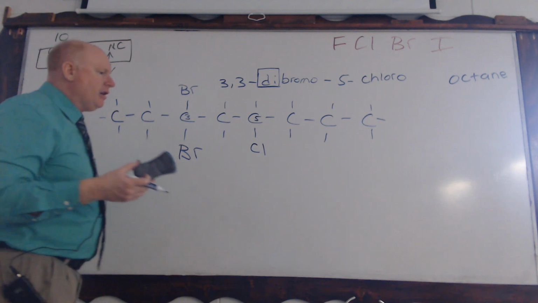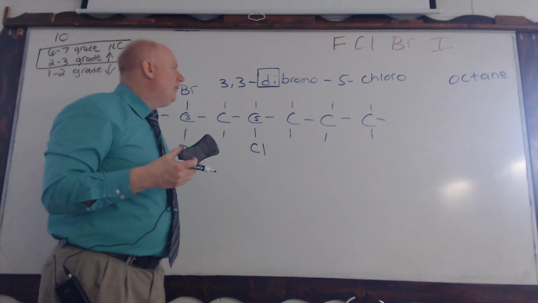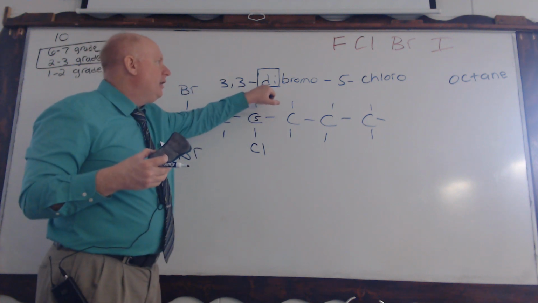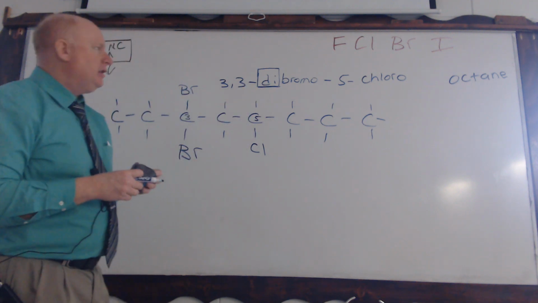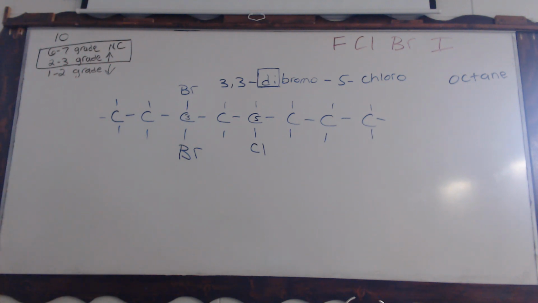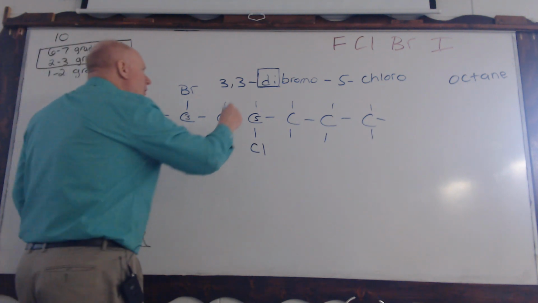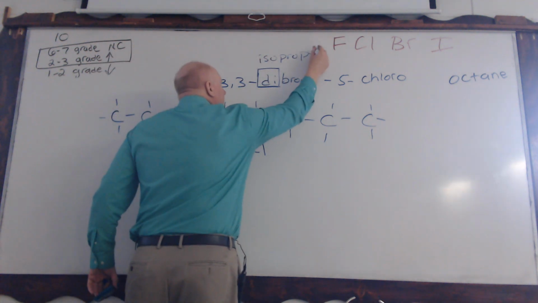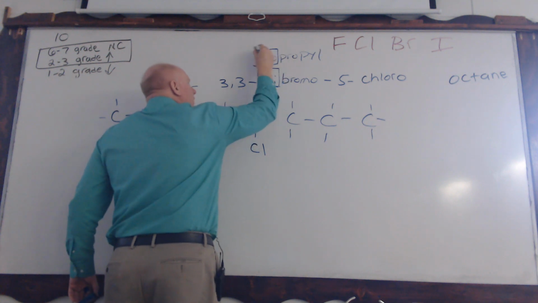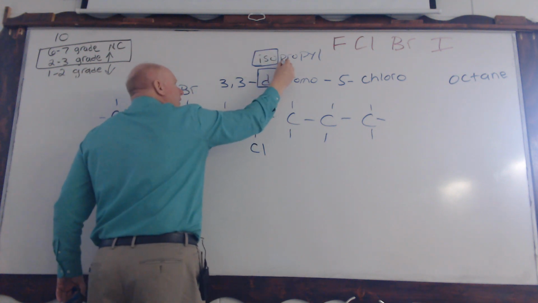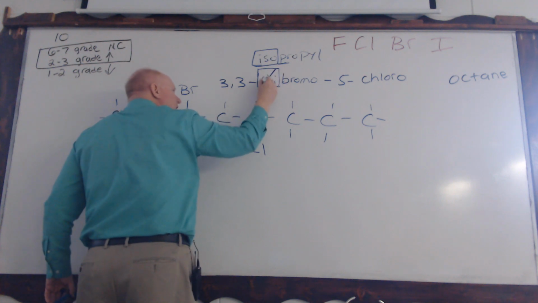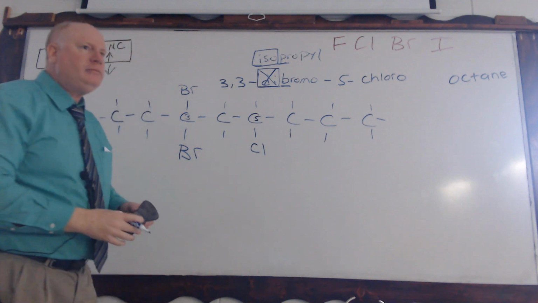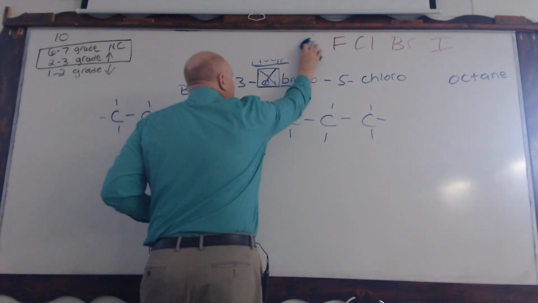IUPAC, when you're naming these, applied the rules and said years ago that you disregard prefixes except for something like that. This is a prefix that you use the letter I, not the letter P. Here, you disregard the letter D and you go by the letter B. Okay? But you don't have to worry about that.